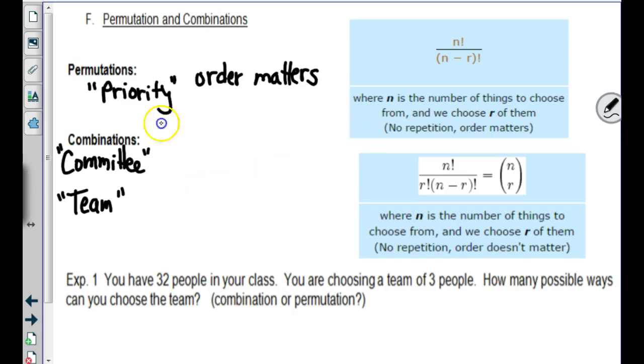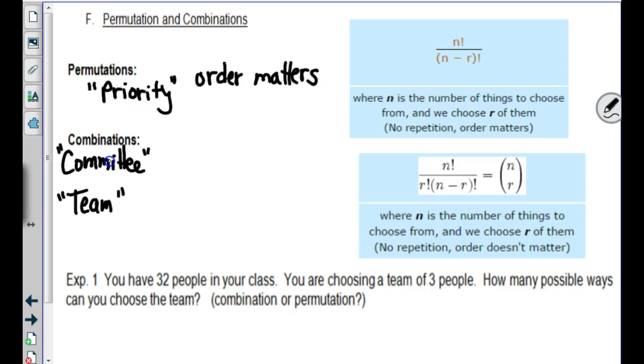All right. So which of these is going to be a bigger number? Okay. The bigger number is going to be when order matters.